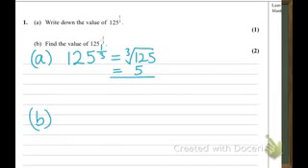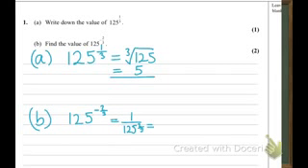Now part B asks us to find the value of 125 to the power of minus 2/3. So the first thing we have to do is get rid of this minus, and we can do that by finding the reciprocal, which is equal to 1 over 125 to the power of 2/3. And what is this equal to?